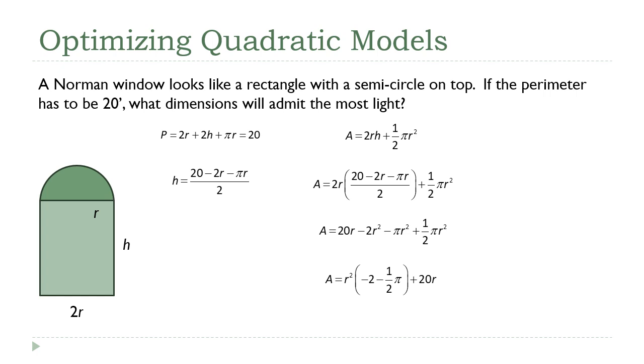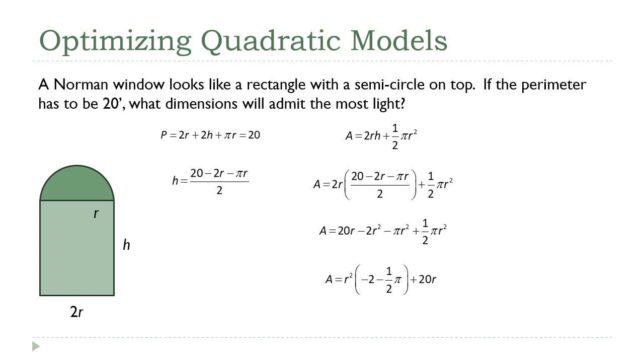All right, so this becomes r squared times negative 2 minus 1/2 pi plus 20r. And yes, I left the minuses in there. You might have been tempted to bring it out. Don't do that. I'm going to put this into the vertex formula, which means I need the values of a and b. To get the value of a, all of the number parts have to be in the parentheses. Okay, so now we're ready to go to that formula.